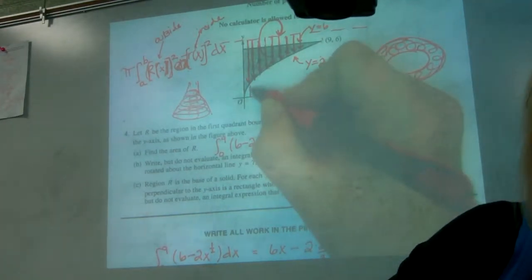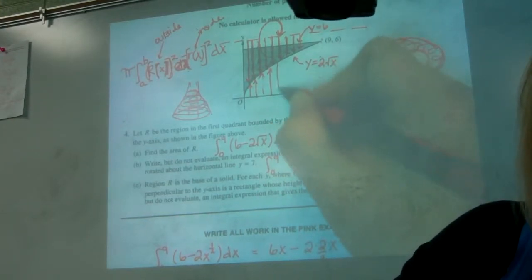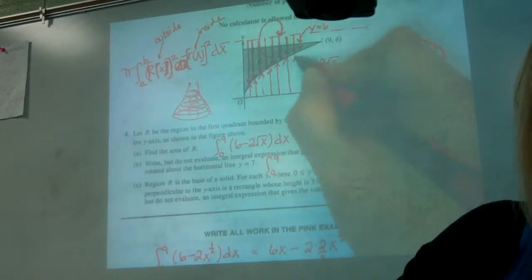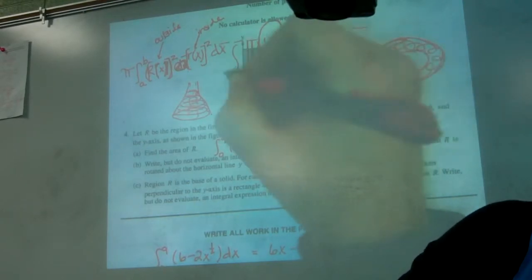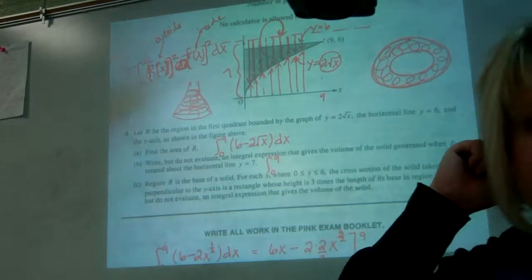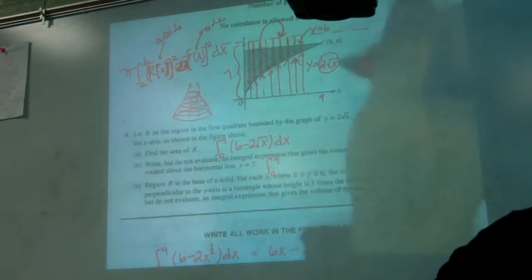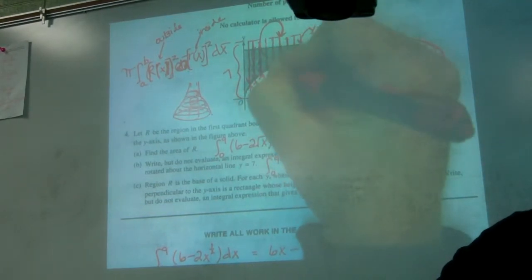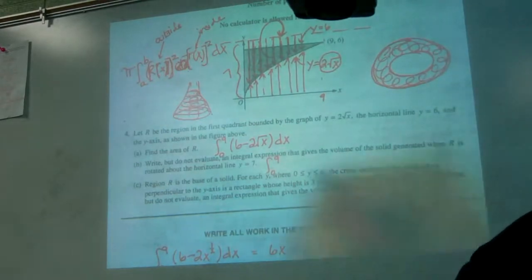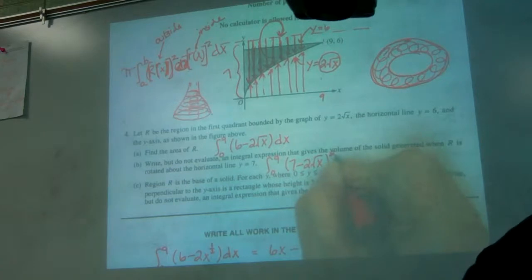Well, I know that this is what? What is this distance from the x-axis to that curve? 2 square root of x. And I know that this whole distance is 7 because my axis is at y equals 7. So 7 minus 2 square root of x would be this. Right? So we would have as our outer radius 7 minus 2 square root of x, squared.